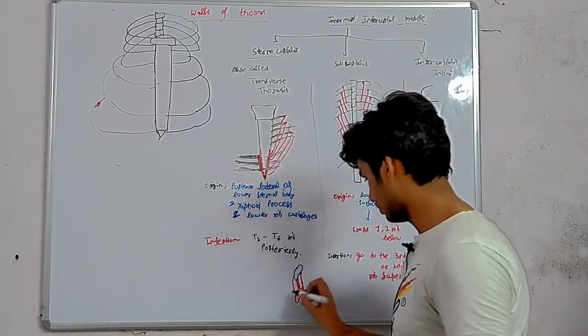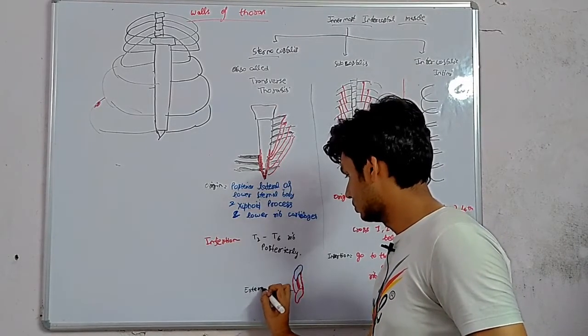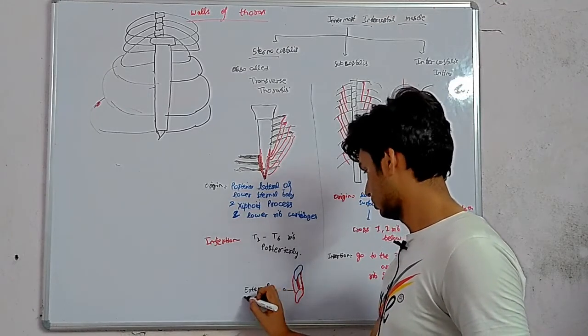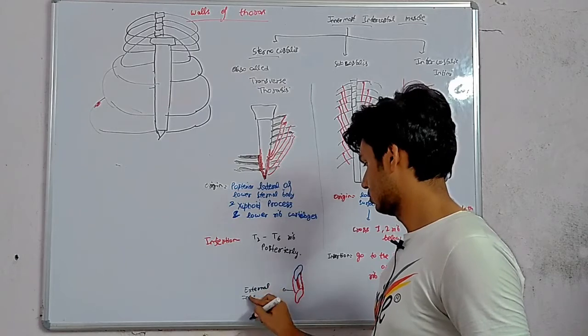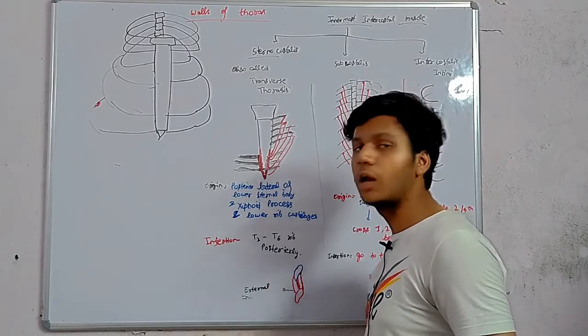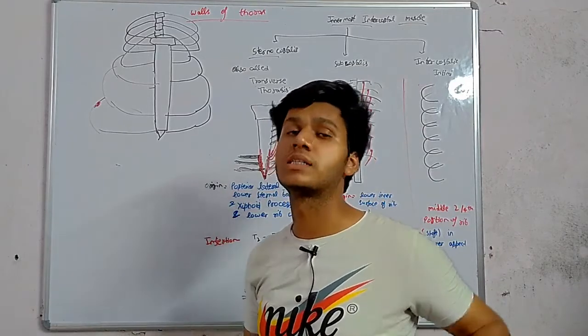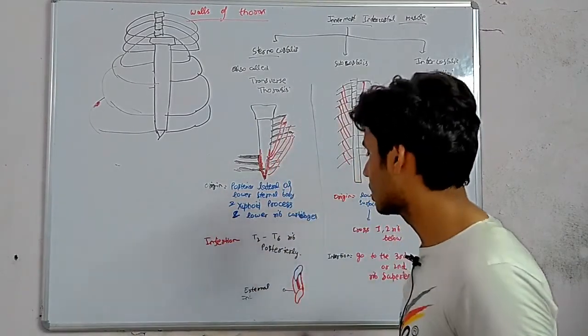So the arrangement is this: external intercostalis, but remember one thing, innermost intercostalis is not complete, it is present in parts: subcostalis, sternocostal, intercostalis intimae.